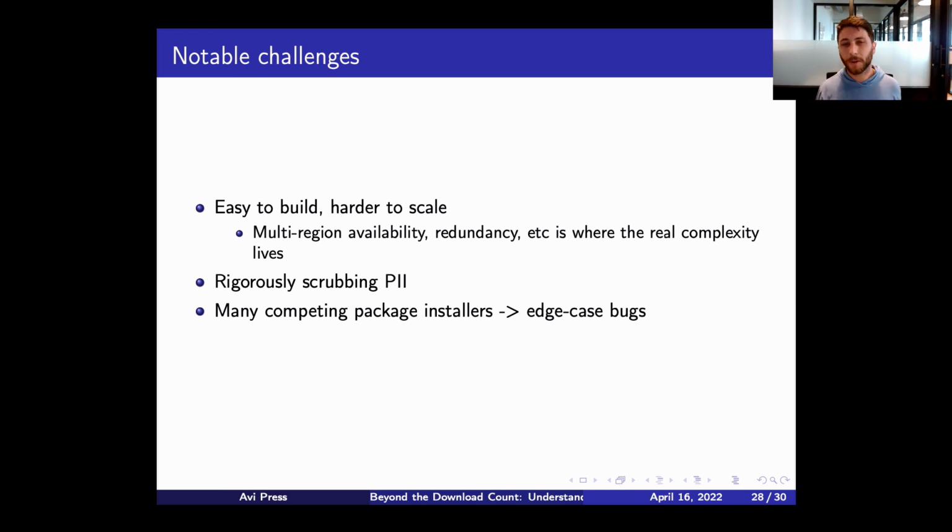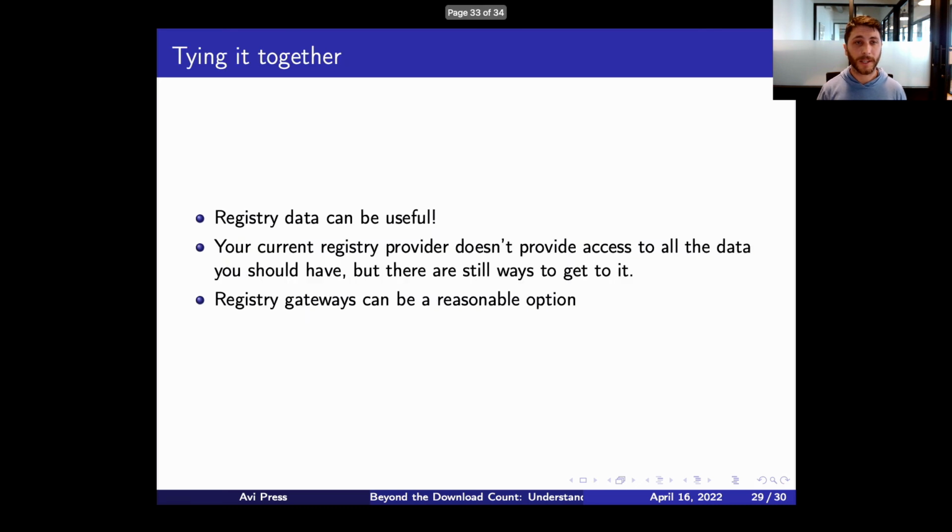Overall, there are challenges to doing this, but at the end of the day, this allows maintainers to collect a lot more information about their package usage than they would otherwise be able to.